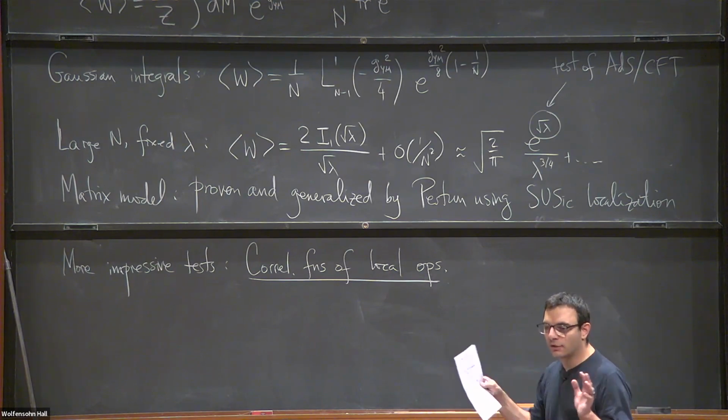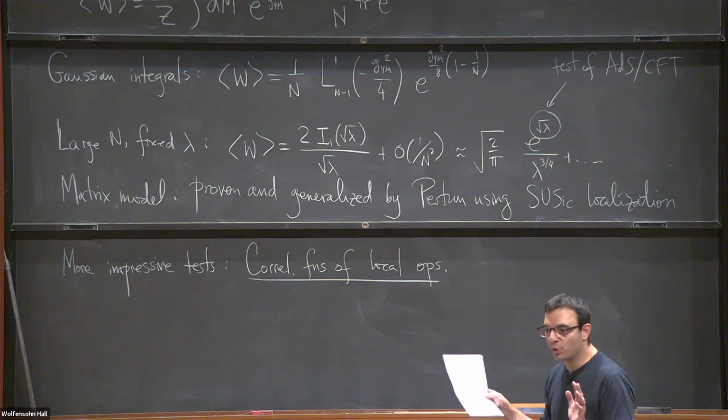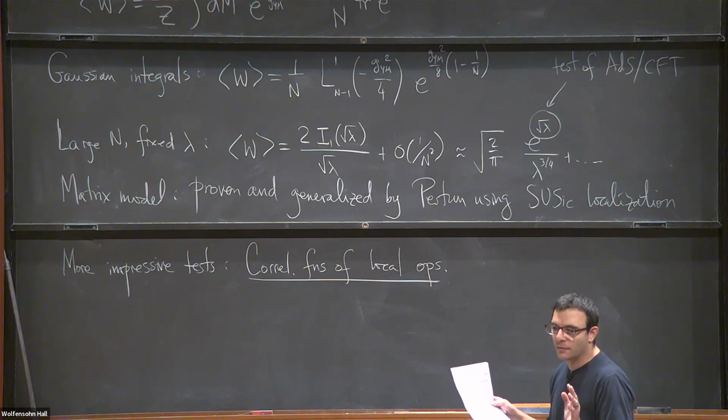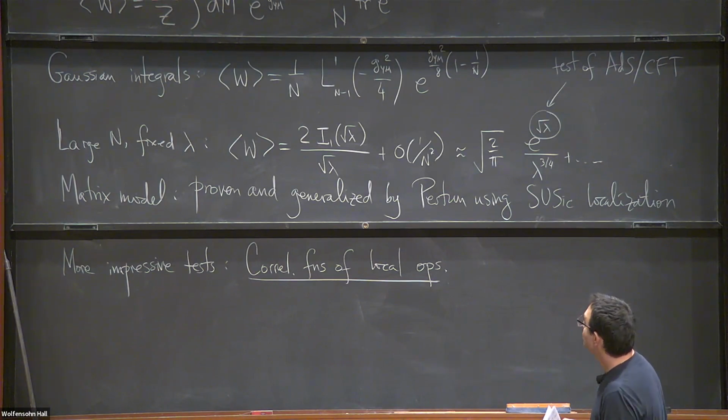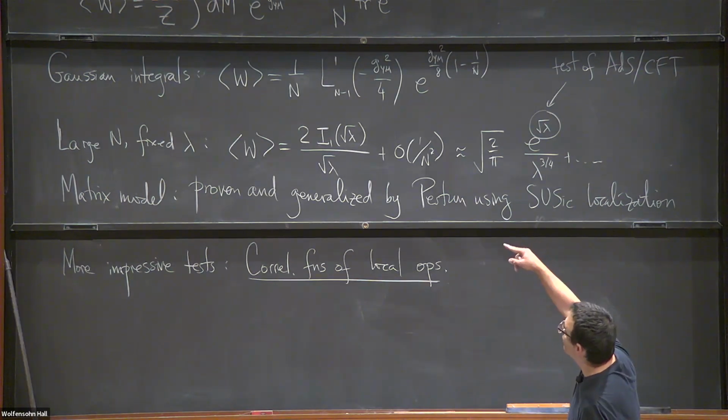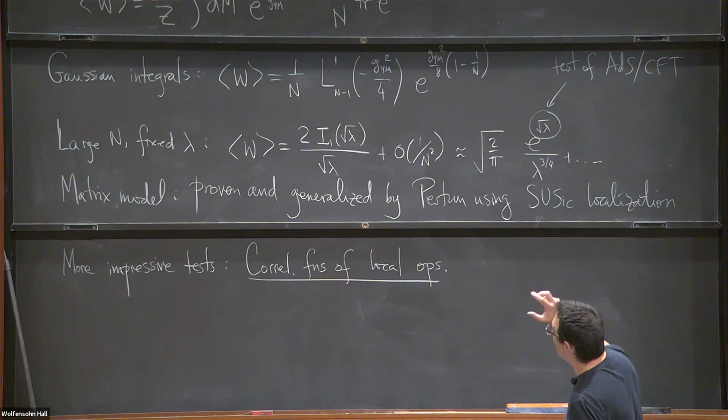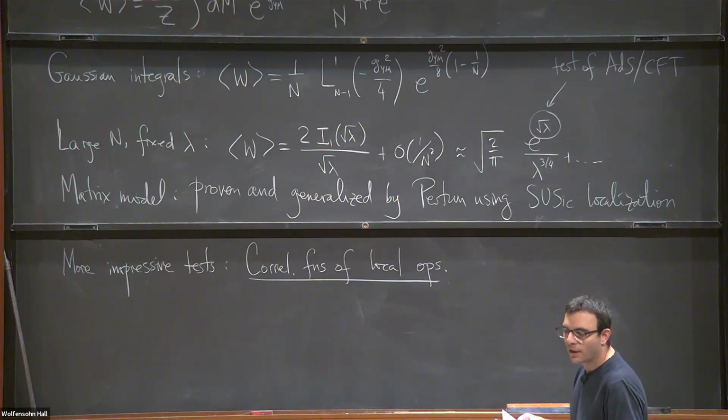But there's a huge technology for how to compute these matrix integrals. So where does supersymmetry play a role? Supersymmetry plays a role in deriving the fact that the expectation value of the Wilson loop is given by that integral. That's where supersymmetry comes in.